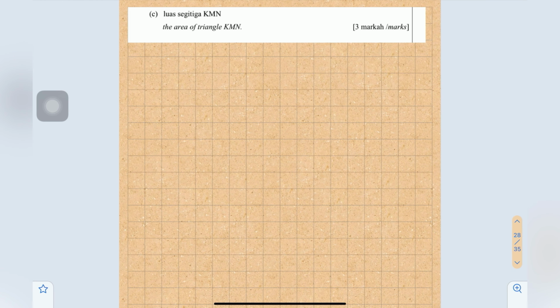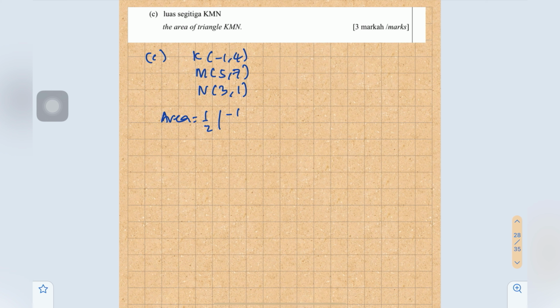C, find the area of triangle KMN. Okay, so area KMN, K kita dia dah bagi which is negative 1, 4. M 5, 7. And N just now 3, 1. Okay, so nak cari area is 1 over 2 susun. Negative 1, 4, 5, 7, 3, 1, negative 1, 4.